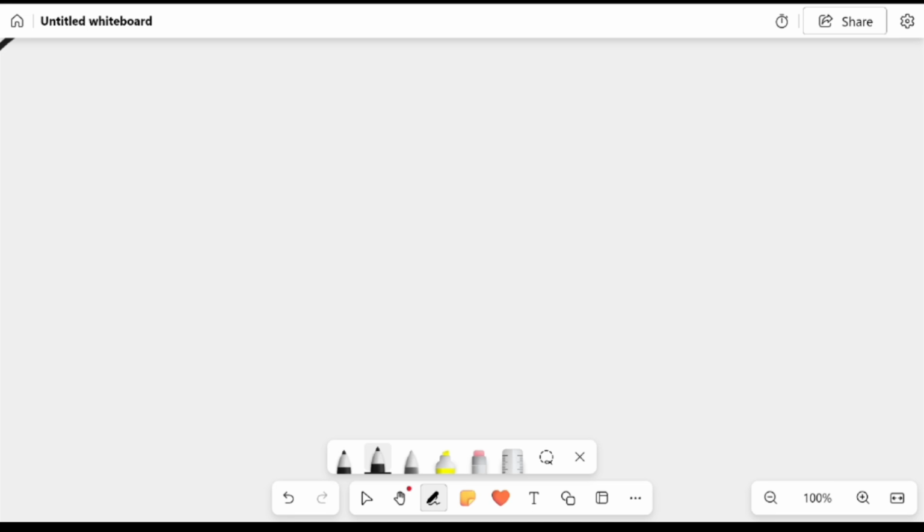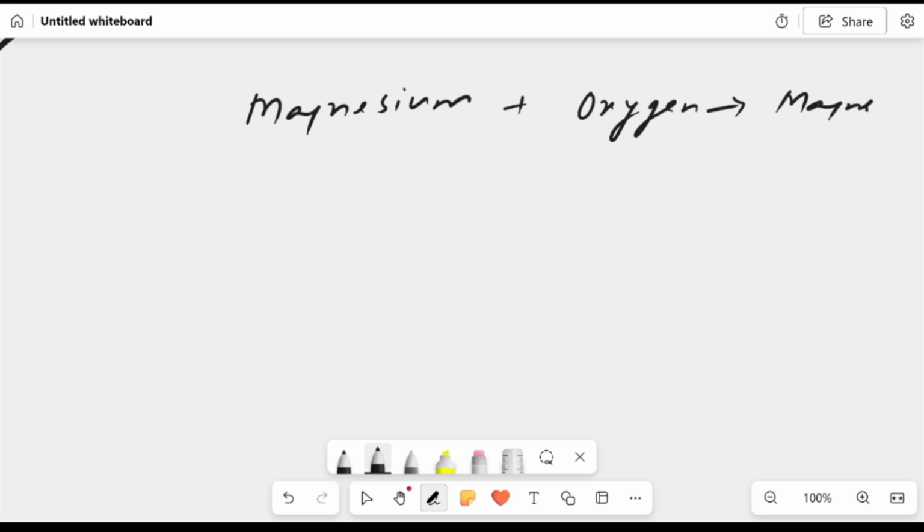At first, let's write the substances. Magnesium oxide. What happens here?